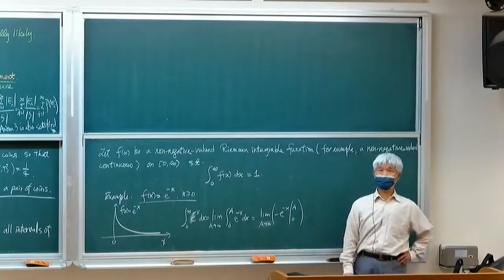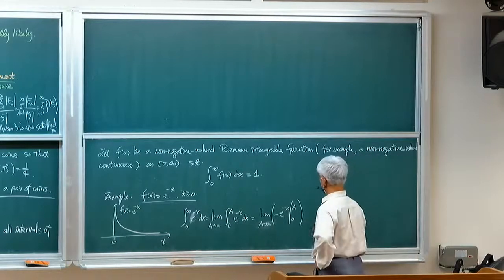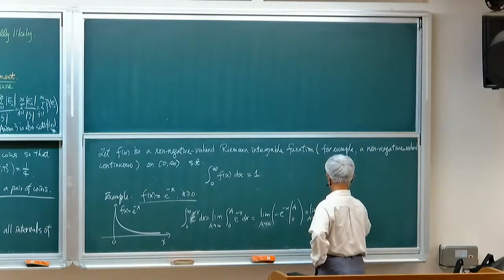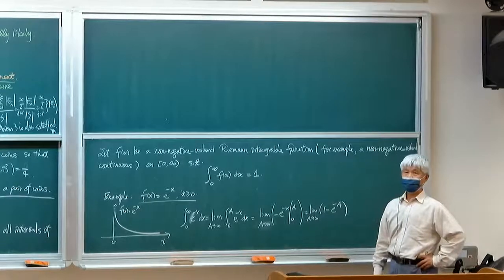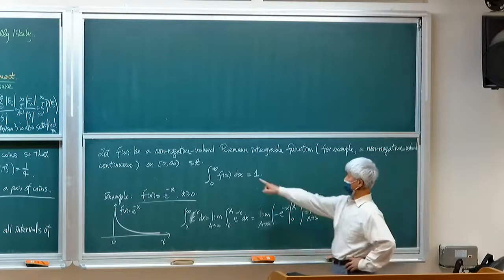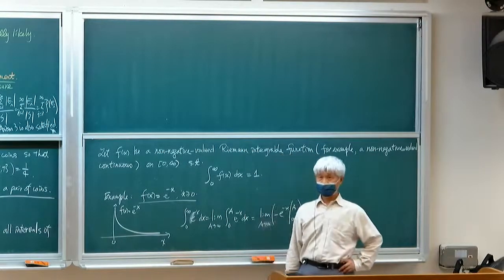So that we take the antiderivative, and what is that? So this is 1 minus e to the minus a here. And when a goes to infinity, this is equal to 1. So the improper integral is 1. Is that okay?